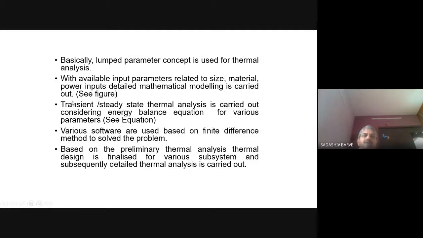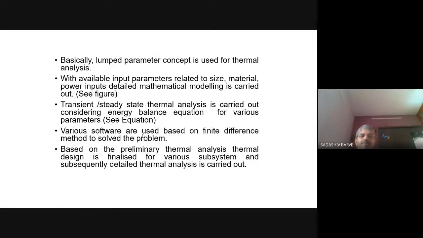In the subsequent pictures I will show that once you calculate those different equations, we get the temperature distribution, and if it is steady state, you get the average temperature. If it is an oriented satellite, then we get the temperature variation during an orbit. Various software I told you about are available for estimating those temperatures as a function of time.